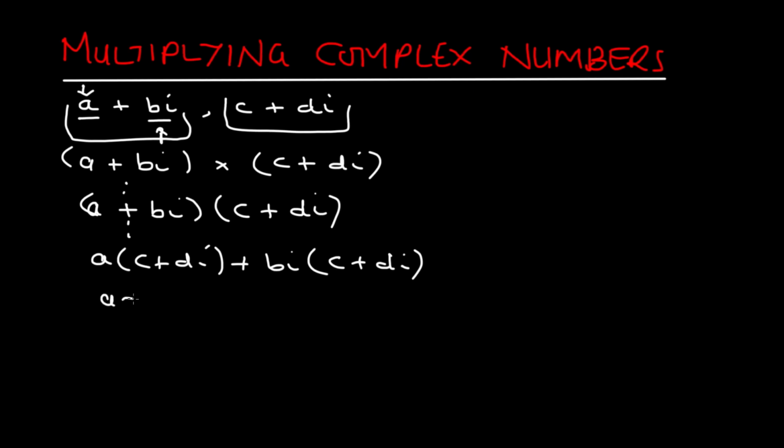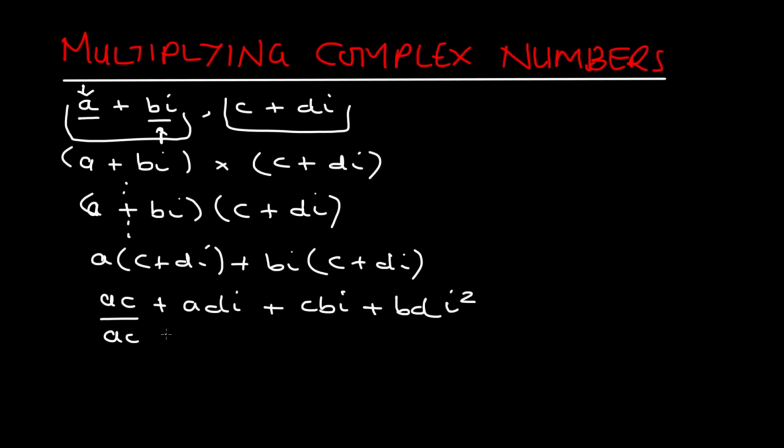So we continue here, AC plus ADI, we need to be careful, plus here we have CBI, plus, now notice here, we have BD, but we also have two i's, so we're going to have i squared. Now this is getting exciting. If you remember, we said that this is going to be real.